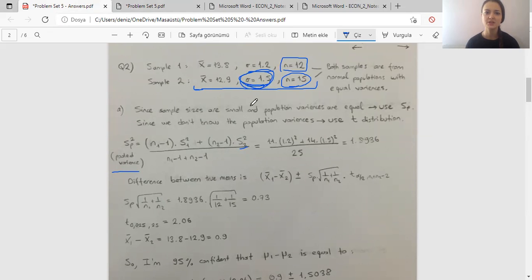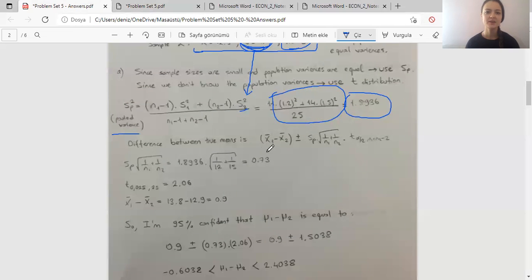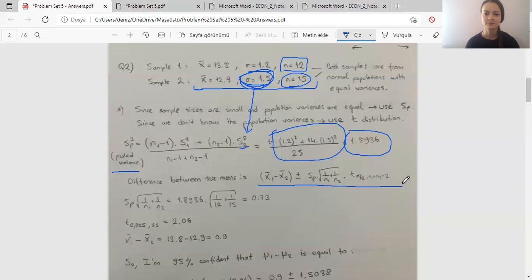This is standard deviation, but the formula includes variance. In the denominator, we have n1 minus 1 plus n2 minus 1, which means n1 plus n2 minus 2. So this is the formula. We are just putting the values here, and we find that our pooled variance is 1.8936.